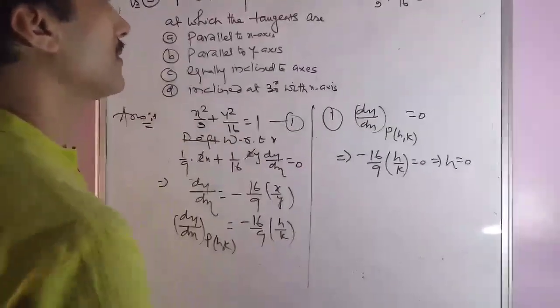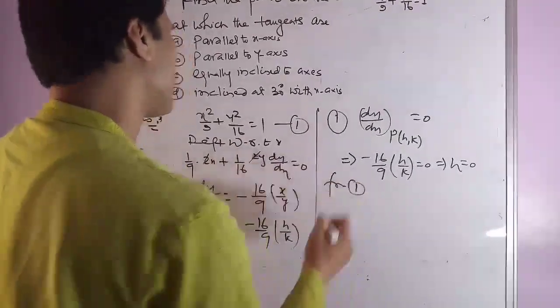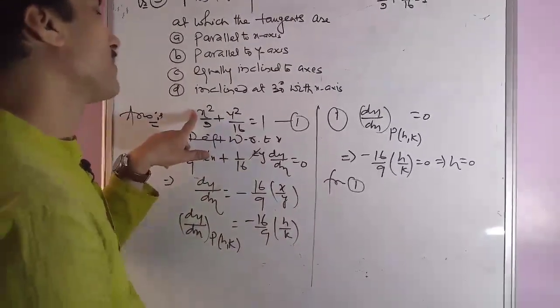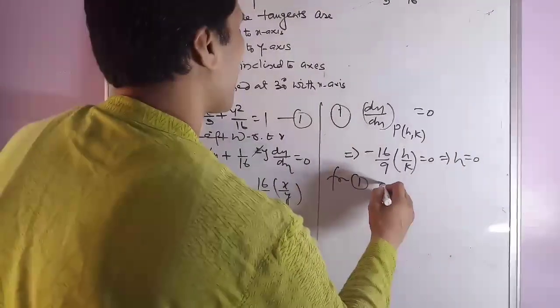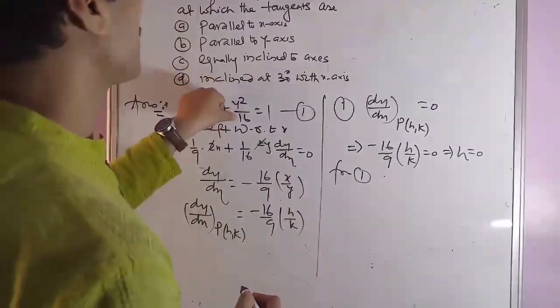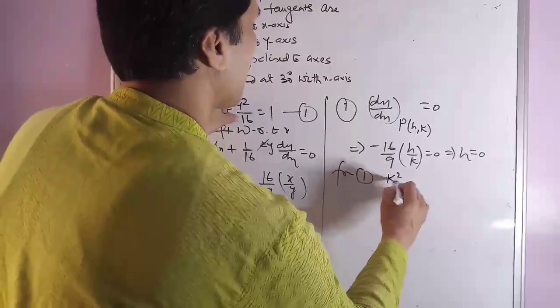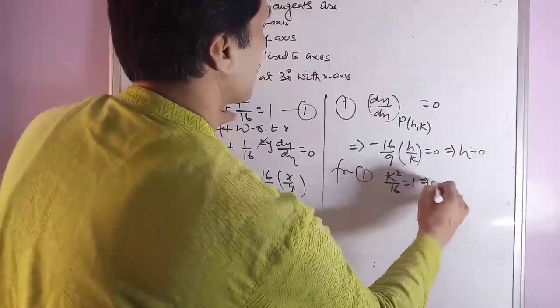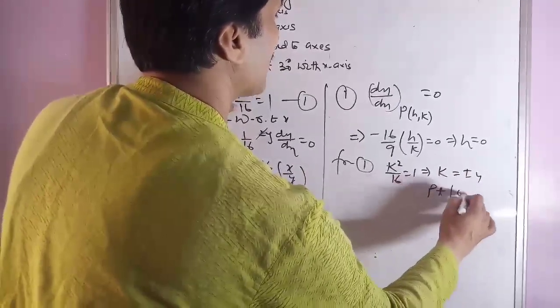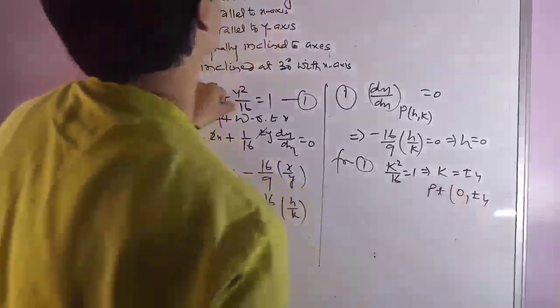This is our curve. Here point P(h, k), point of contact, also lies on the curve. So using this, h square by 9 plus k square by 16 equal to 1, k square by 16 equal to 1, this will give k equal to plus minus 4. So point is here (0, plus minus 4).